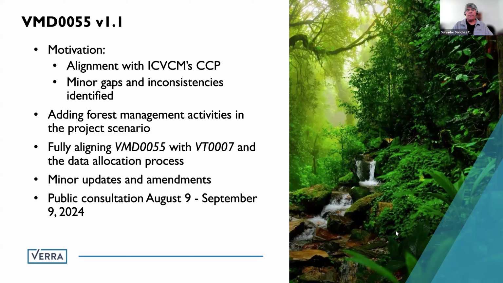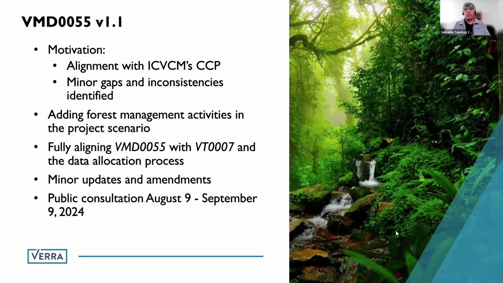The changes that we are making to module VMD55 include, first, some provisions to allow sustainable forest management activities as part of the project scenario. Also, we are making all references in VMD55 to the risk mapping and allocation tool, VT7, fully consistent with what the VT7 tool actually says. And we are, of course, making some other minor changes and edits, such as typos and a few mistakes in some equations, that we identified in the process.